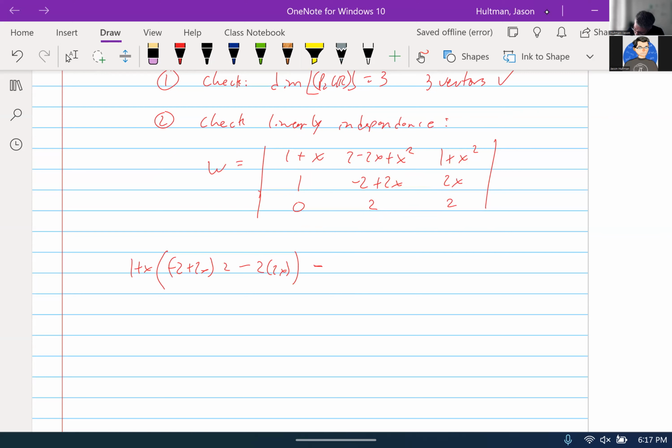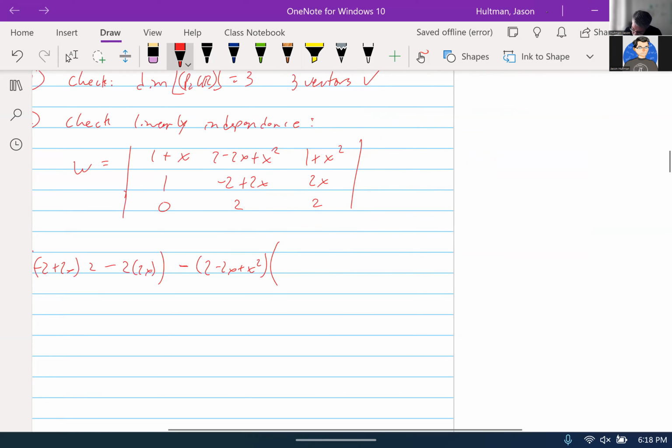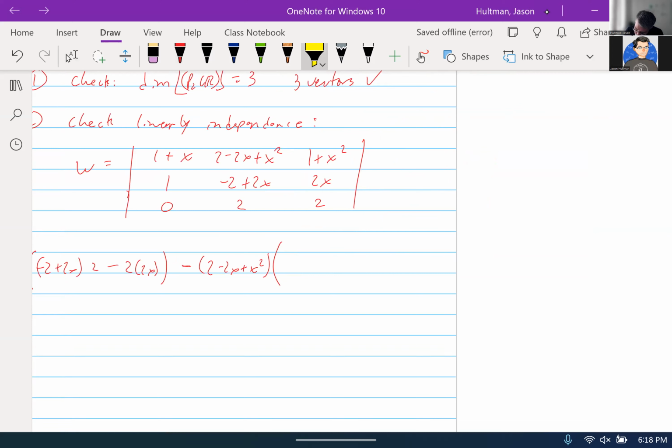Okay. For this, I'm going to use this top element there. So 2 minus 2x plus x squared times, okay, again, cross off row and column, and we get 1 times 2 minus 0 times 2x.